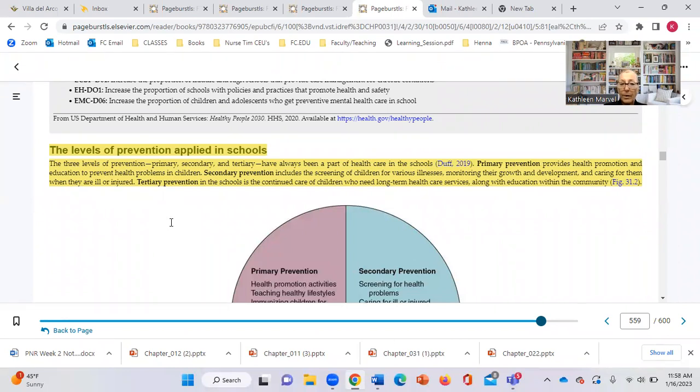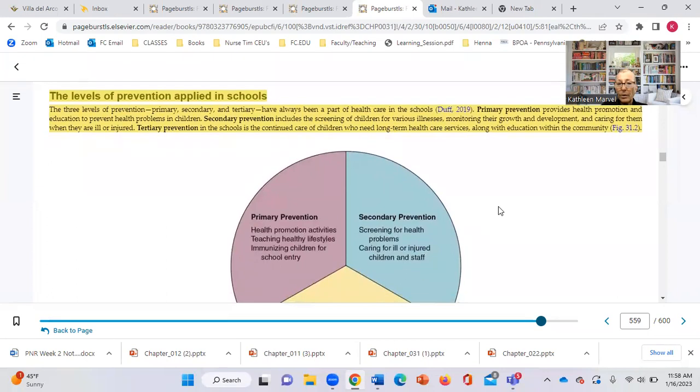As a summary, I highlighted for you: primary prevention provides health promotion and education to prevent problems. P, primary, has to do with prevention. Secondary includes screening of children for various diseases, monitoring their growth and development, or caring for them when they're injured. So secondary, S, is screening. And then tertiary in the schools is providing care to children who have long-term health needs, along with education within the school community.